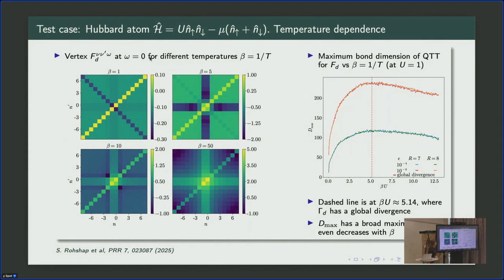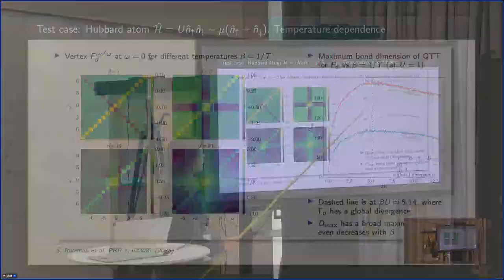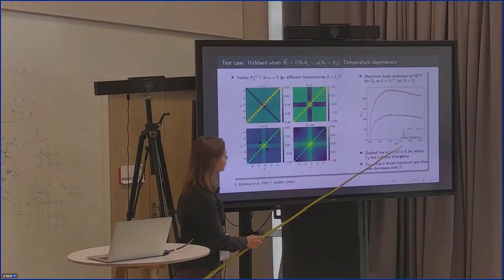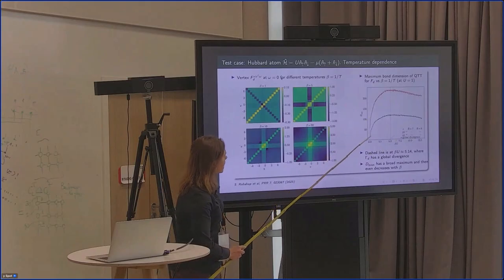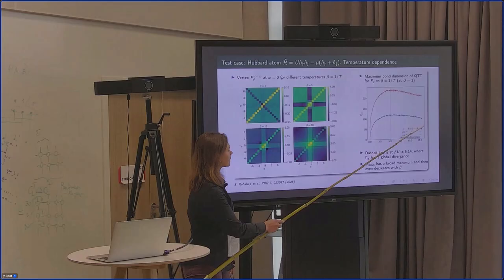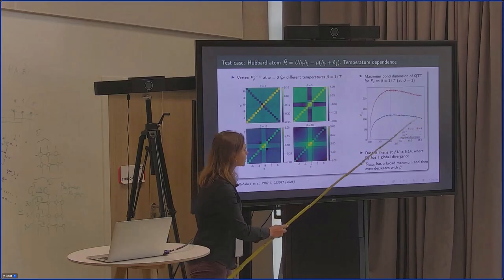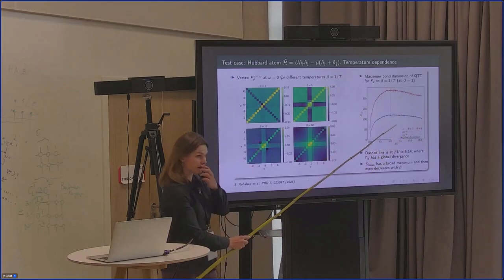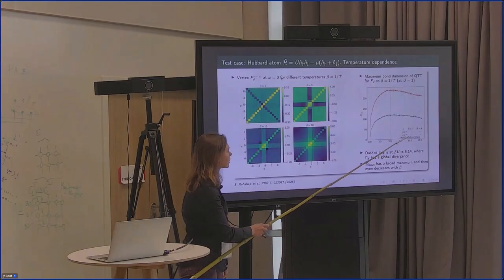However, the bond dimension does grow with temperature. This plot shows the maximum bond dimension versus 1 over temperature times U at U equal to 1, and at two different tolerances. We have the lower tolerance and the higher tolerance. The higher tolerance is 10 to the minus 6. I think it's too small for you to see, but it's 10 to the minus 6.